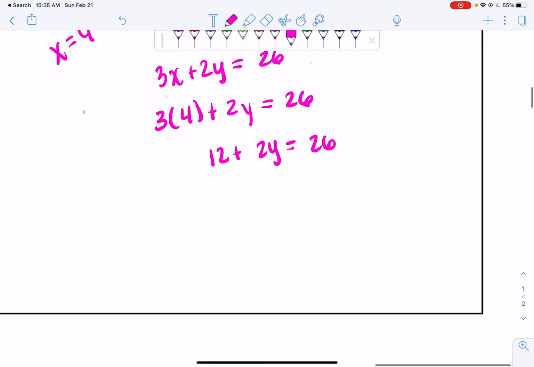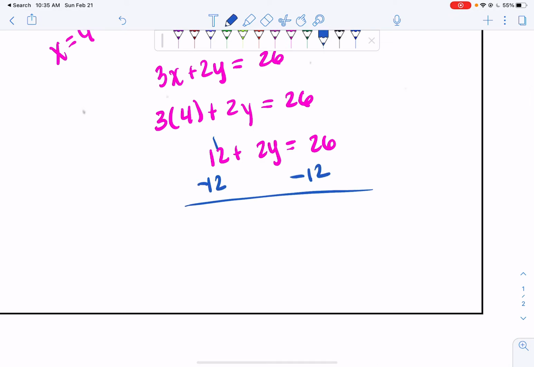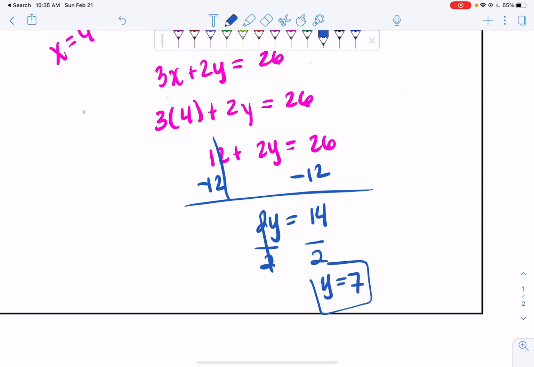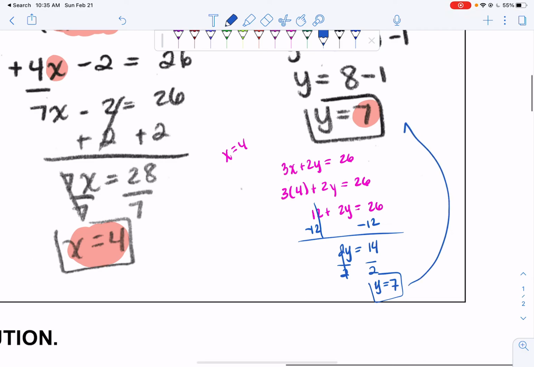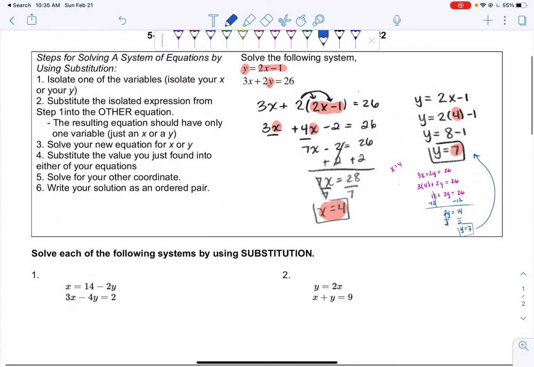I have to subtract the 12 on both sides of my equation. So I get 2y equals 14, and then divide by 2 to get y equals 7. And if you look, I got y equals 7 right here.